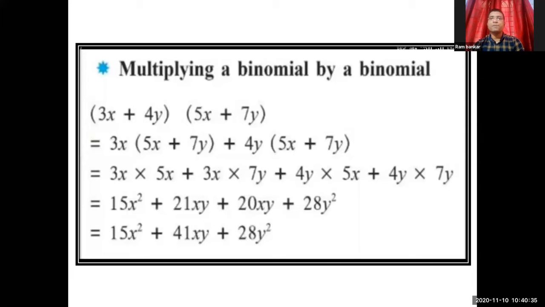Now the last step is 15x square plus, now we have to add both the terms, 21xy plus 20xy. So what will be the answer? 21 plus 20, that is 41xy. And the last is 28y square as it is written. So the answer is 15x square plus 41xy plus 28y square. So this is binomial by binomial multiplication.